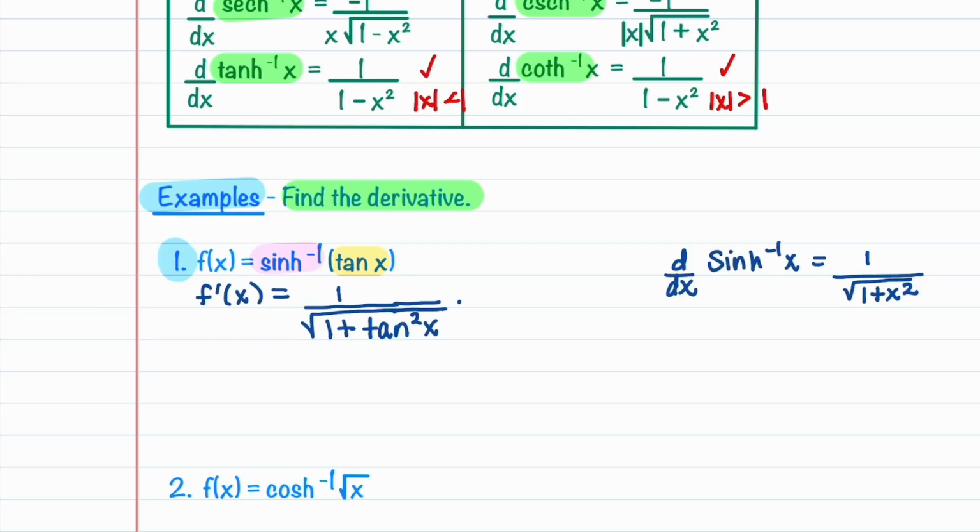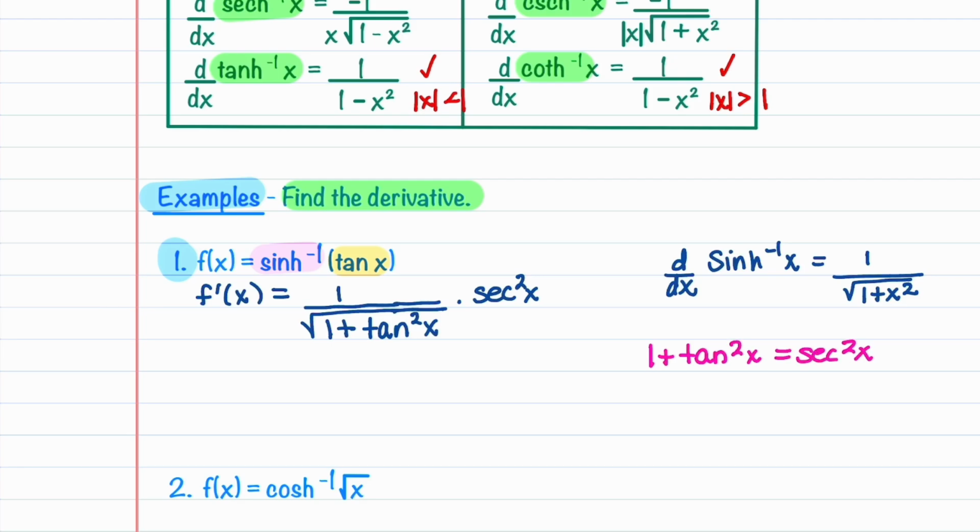And then we have to multiply this by the derivative of what's inside. The derivative of tangent is secant squared x. Now we can go ahead and do some simplification. We have an identity that tells us that 1 plus tangent squared x is secant squared x.